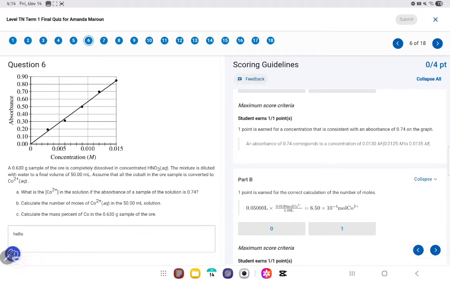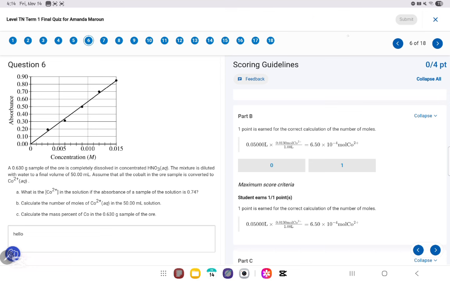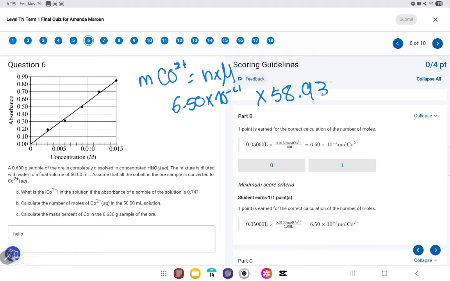Calculate the mass percent of Co in the 0.630 gram sample of the ore. So what I can do now is I can find the mass of Co2+. I have the number of moles and I can find the molar mass. What's the molar mass of Co? It's 58.933. So it's going to be 6.50 times 10 to the power of minus 4 times 58.933.